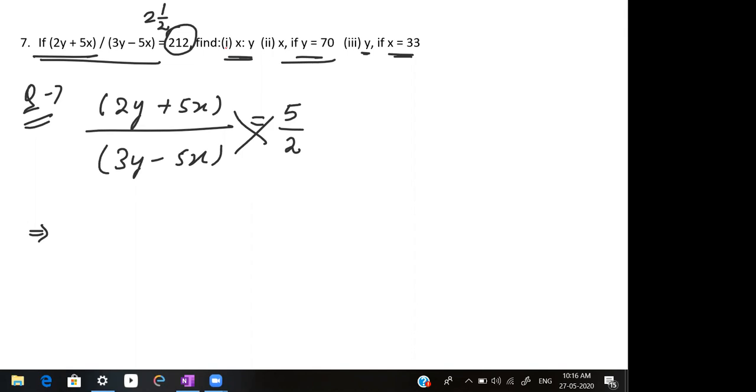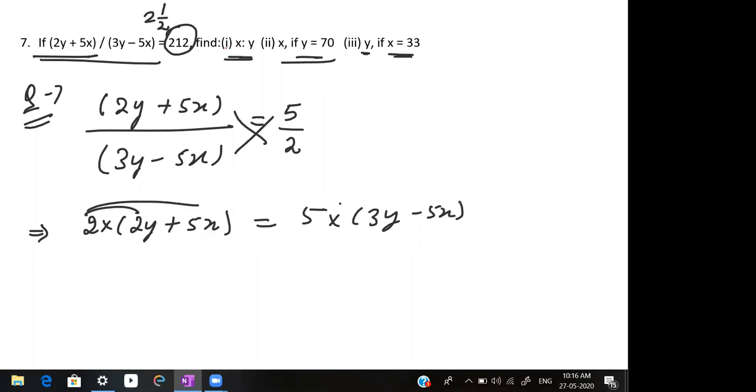So we will multiply 2 with 2y plus 5x and we'll multiply 5 with 3y minus 5x. Clear? Now multiply 2 with both 2y and 5x. So 2 2s are 4y and 2 5s are 10x. Okay, and 5 3s are 15y and minus 5 5s are 25x.